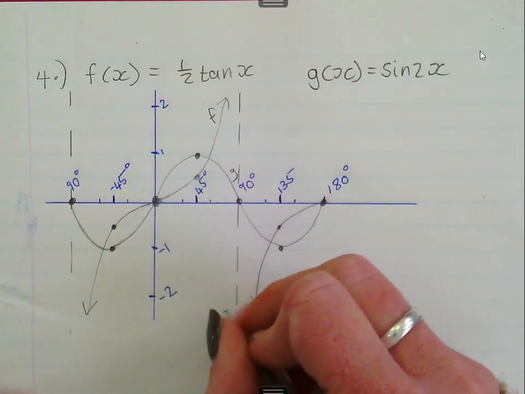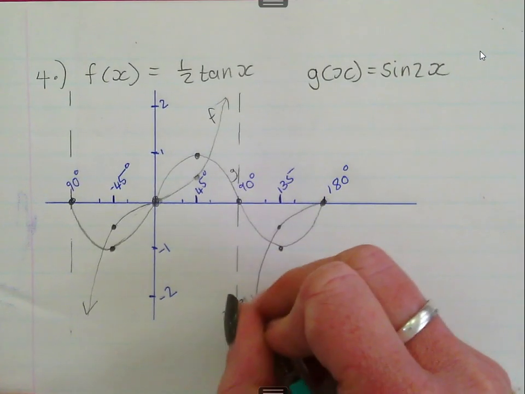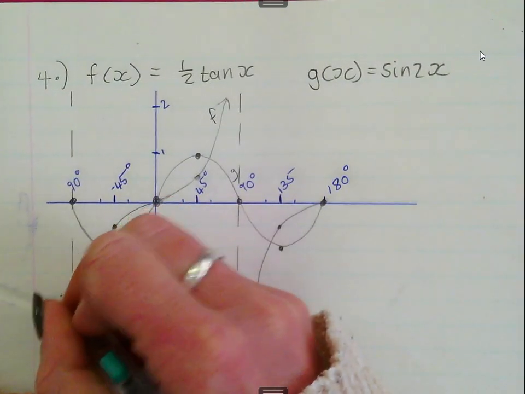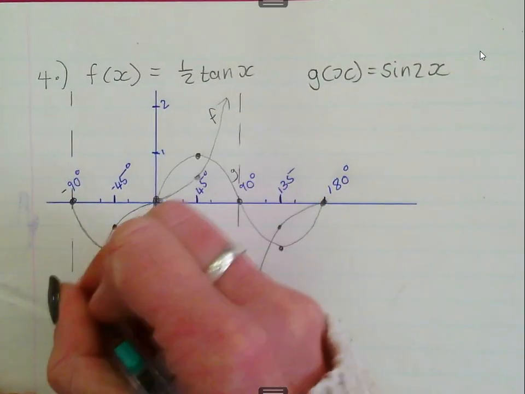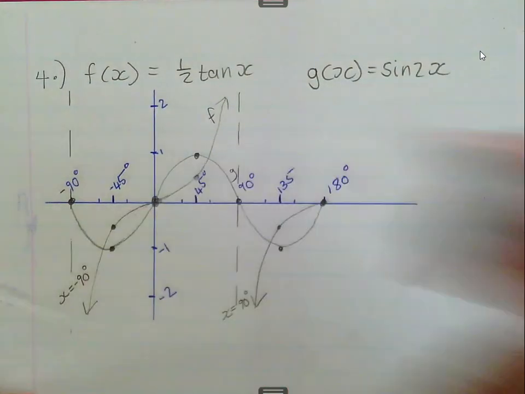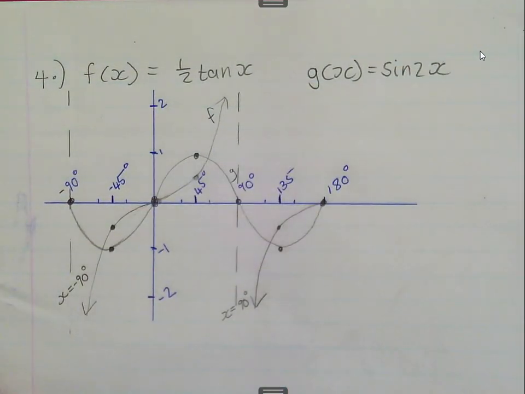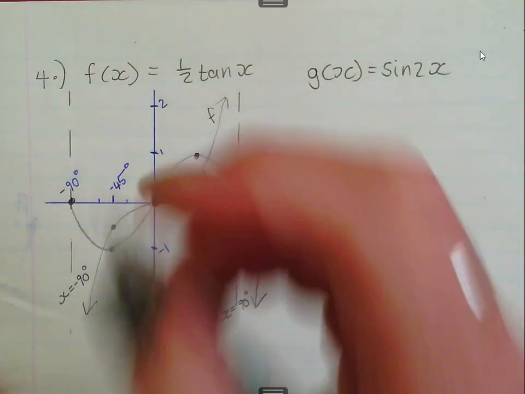Now I'm just going to put in my values. The asymptote x equal to 90, x equal to negative 90. They did not ask, they say show all the turning points.